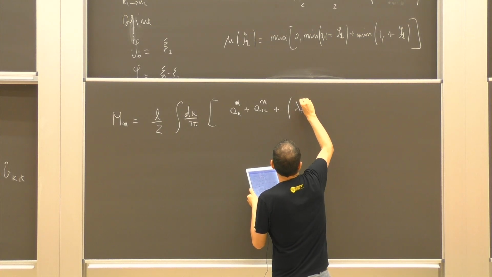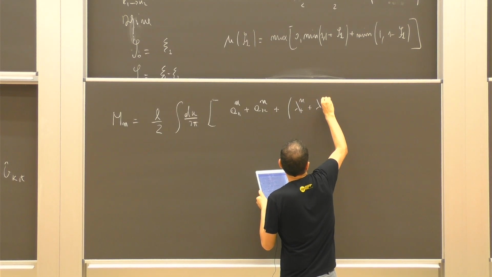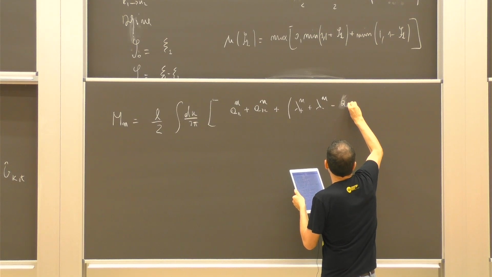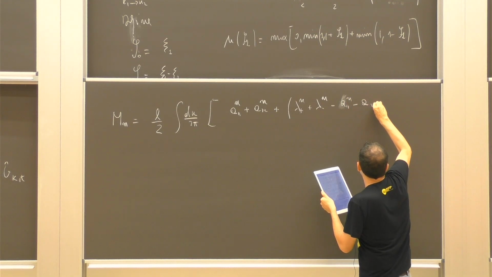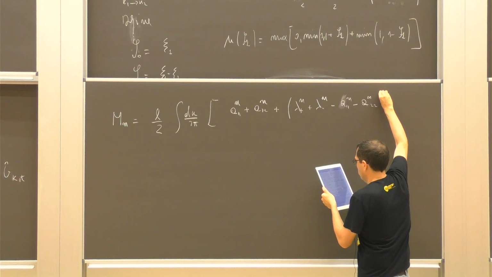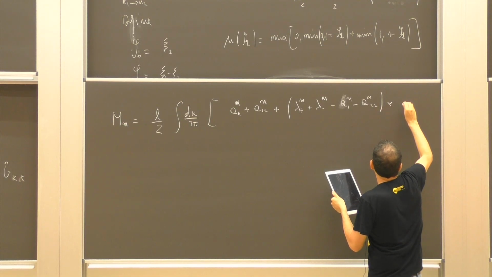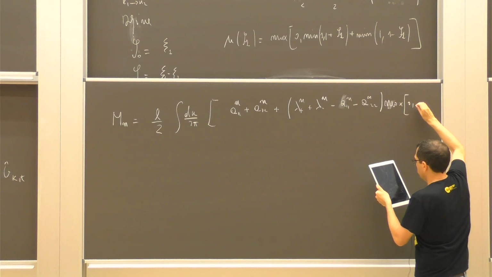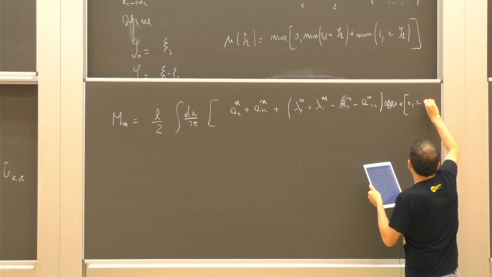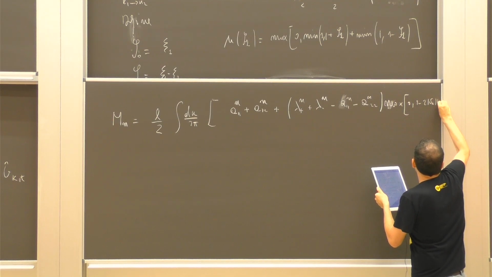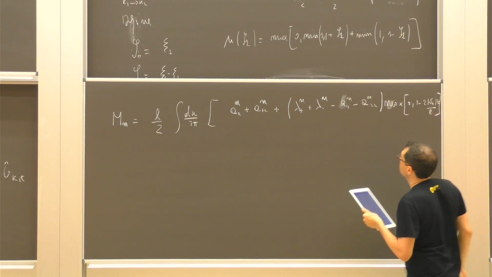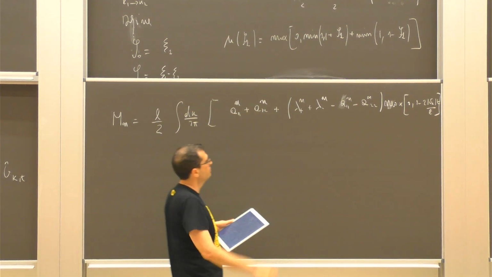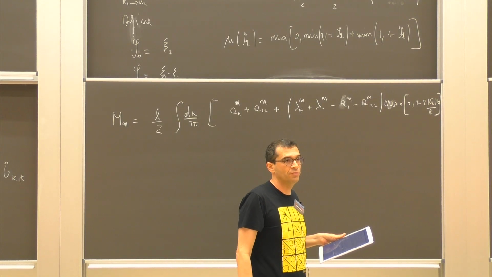Let's call it lambda plus to the n plus lambda minus to the n, minus A11 to the n minus A22 to the n, times the max function of 0, 1 minus 2 vkt over L. Where all these functions, A, lambda plus, lambda minus, are functions of momentum.